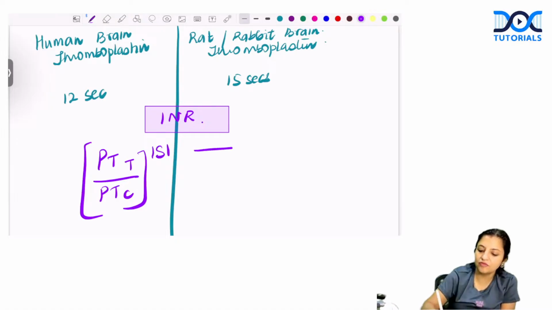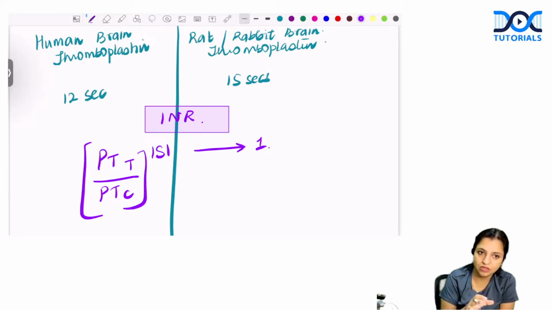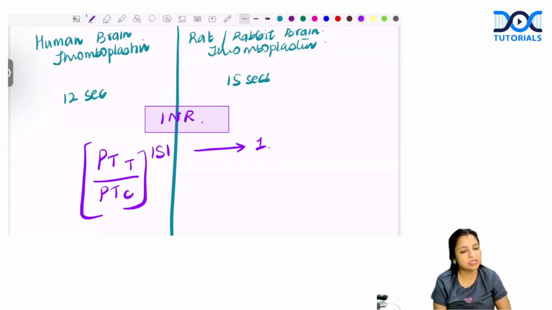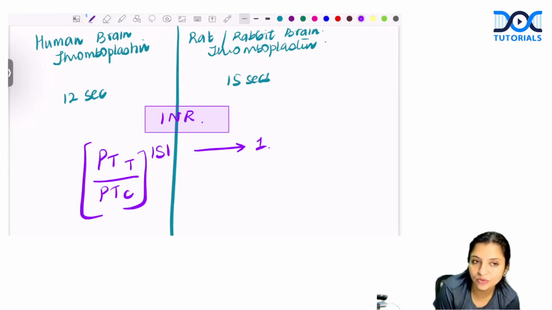Whenever you use human brain thromboplastin, equivalent to WHO thromboplastin, your ISI will be 1. The closer ISI is to 1, the better the thromboplastin. Every pharmaceutical company writes the ISI on its thromboplastin, so that is how you know its purity.